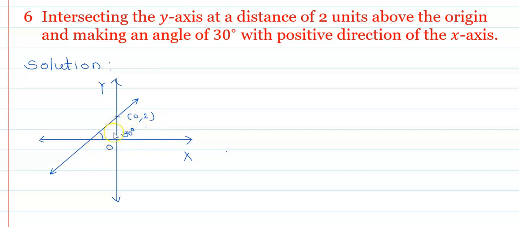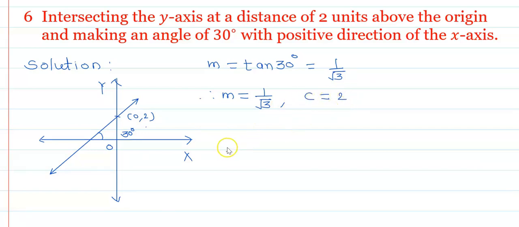It means that we know the y-intercept and its inclination. We can find out its slope. M is equal to tan of 30, that is equal to 1 upon root 3. Therefore, m is equal to 1 upon root 3, and c is equal to 2.